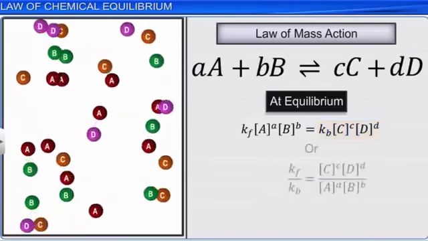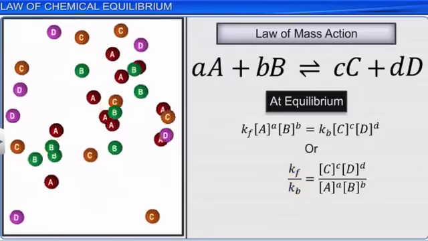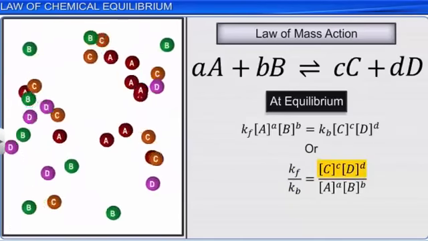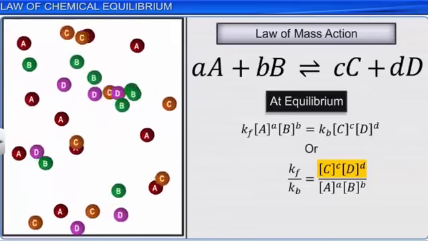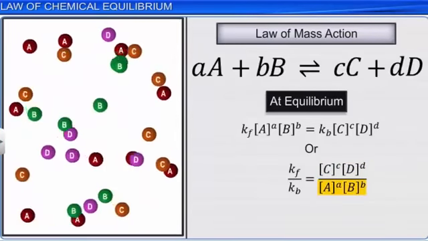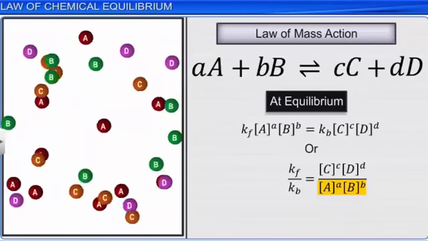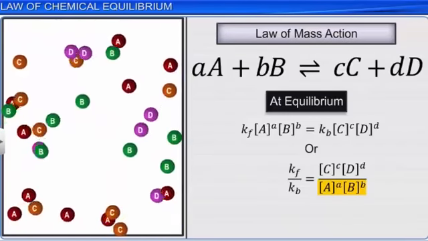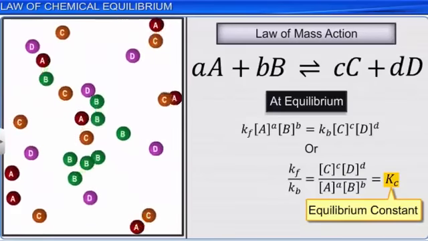This can be written as Kf divided by Kb is equal to the product of the concentrations of the products, C raised to the power of c and D raised to the power of d, divided by the product of the concentrations of the reactants, A raised to the power of a and B raised to the power of b. This is equal to equilibrium constant Kc.